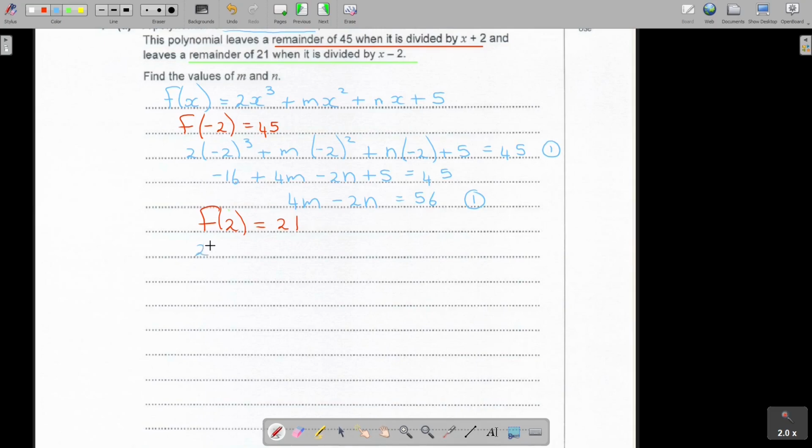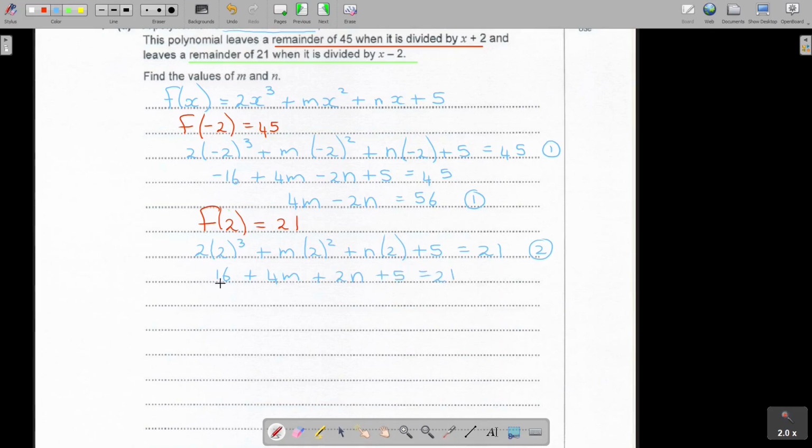It's going to be 2 to the power 3 plus m times 2 squared plus n times 2 plus 5, and that's equal to 21. This is going to be equation 2. If I simplify, this is 8 times 2, 16, plus 4m, plus 2n, plus 5 equals 21.